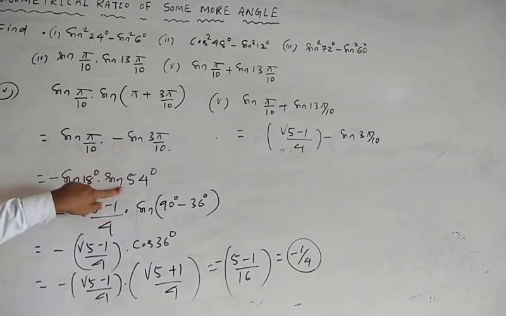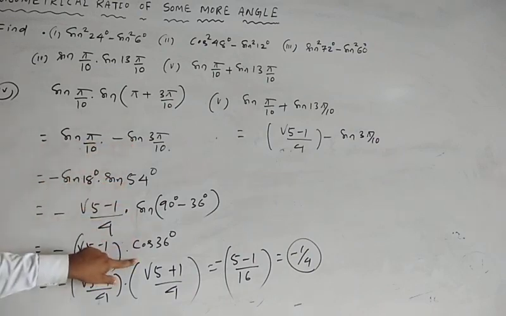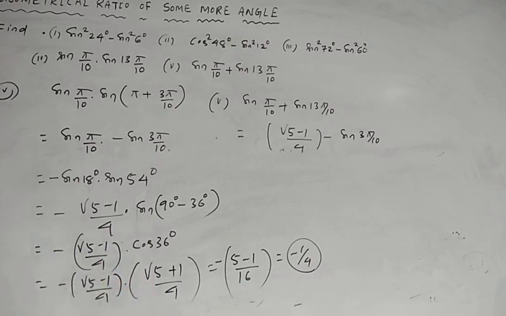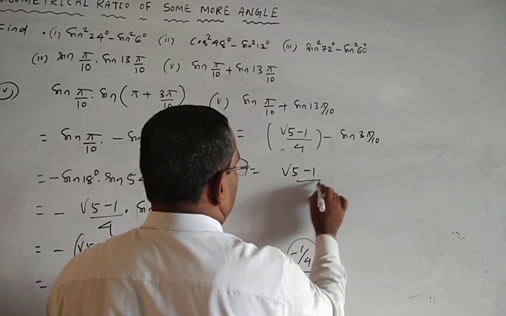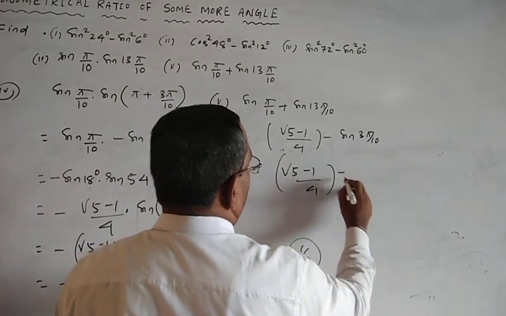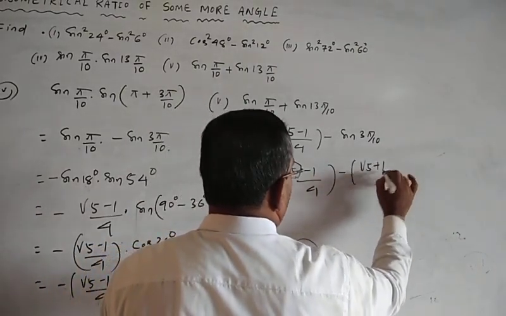Sin 54 equals cos 36, and cos 36 is root 5 plus 1 by 4. So this is root 5 minus 1 by 4 minus root 5 plus 1 by 4.